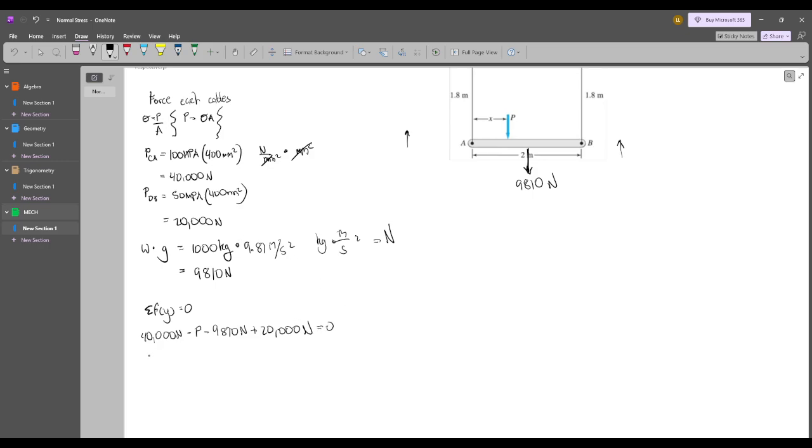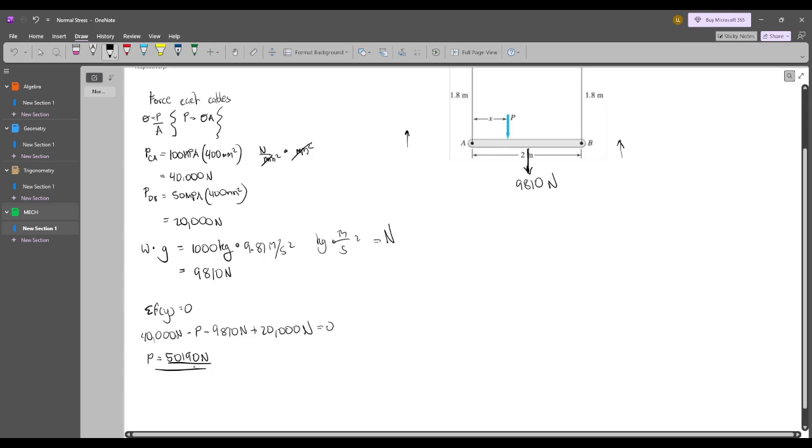To isolate P, we just transpose P, and then simplify. 50,190 newtons. There you go, we found P.